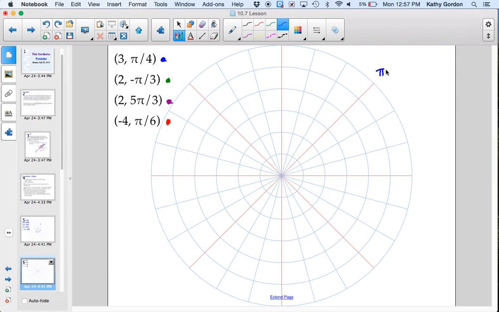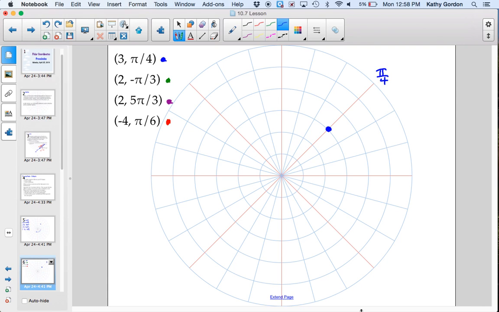Okay, so this is pi over 4. Should I end up with a point that is on this terminal side or going the other way? On it, because it's a positive r, right? And how far away from 0 do I need to go? 3. So there's 1, 2, 3 circles out. That's the point I'm looking for.